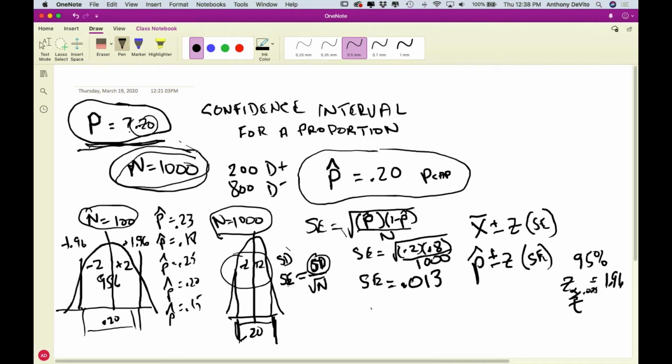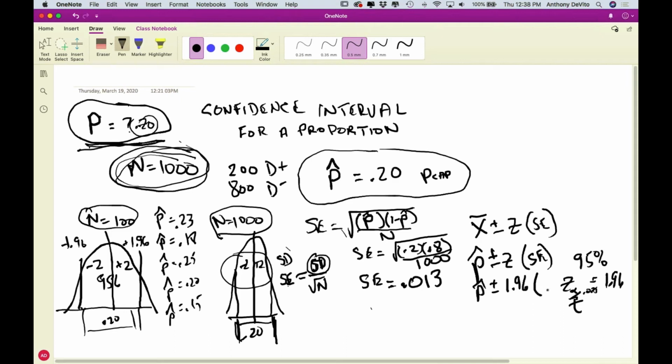But very often we're doing population surveys where our sample size might be 1,000, 5,000, and so forth. So for the most part, when you're doing a confidence interval for a proportion, this is almost always going to be P cap plus or minus 1.96 times our standard error.